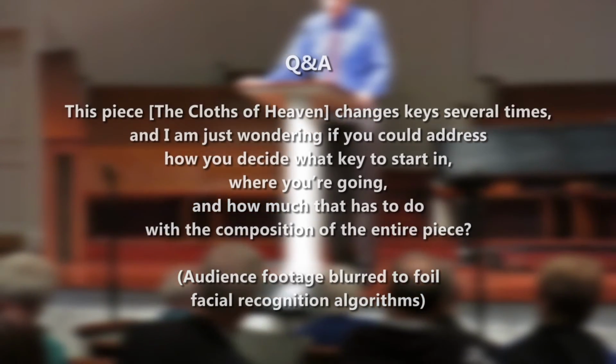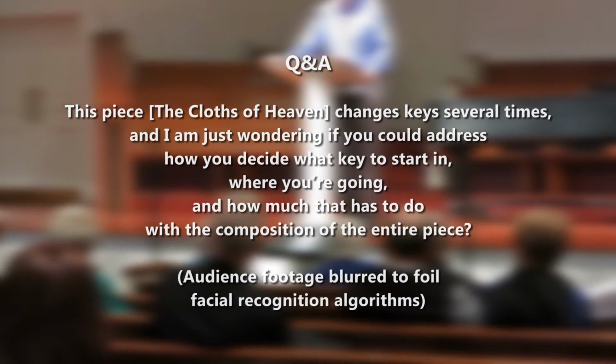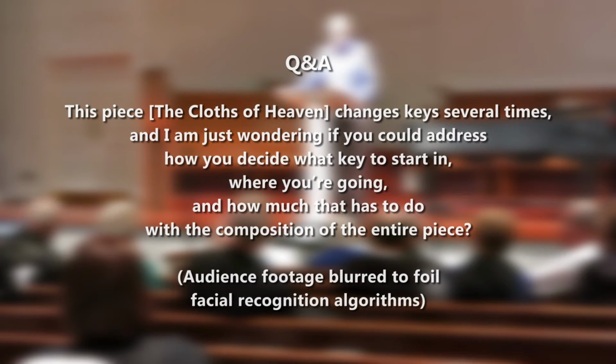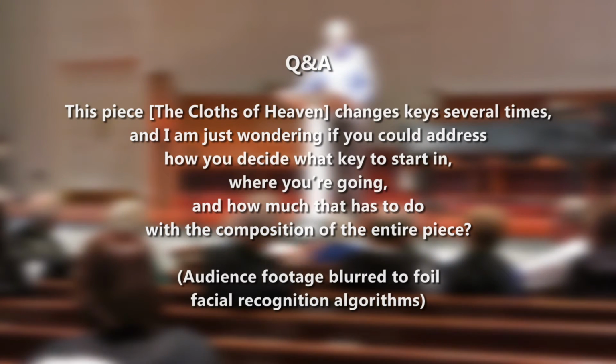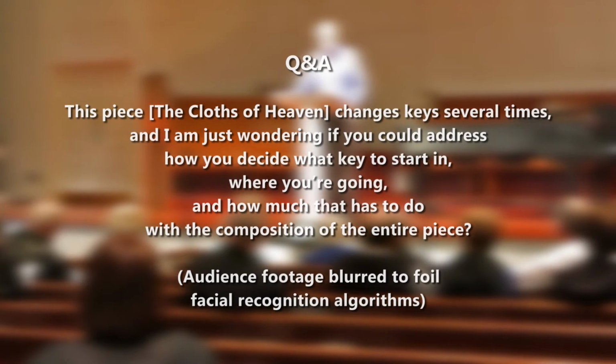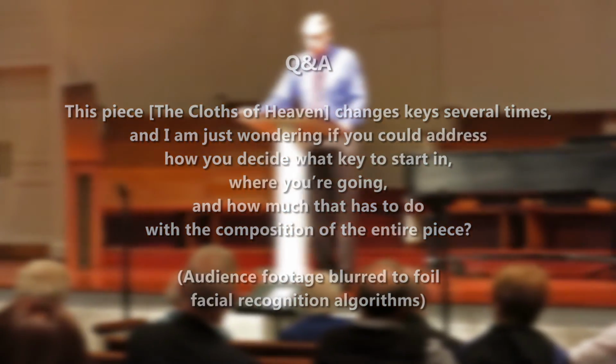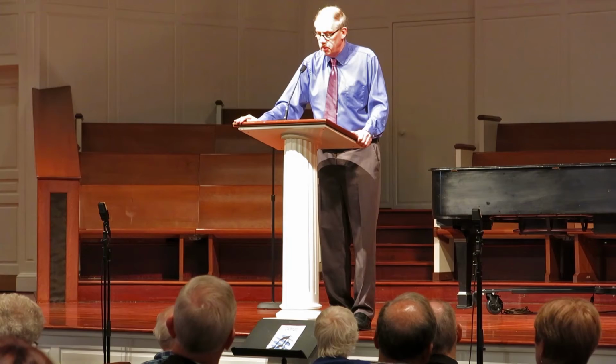Yes, sir. This piece changes keys several times, and I'm just wondering if you could address how you decide what key to start in, where you're going, and how much that has to do with the composition of the entire piece. Usually I'll start with either a flat or a sharp key, depending upon the nature of the opening part of the text, and then always thinking about the ranges.